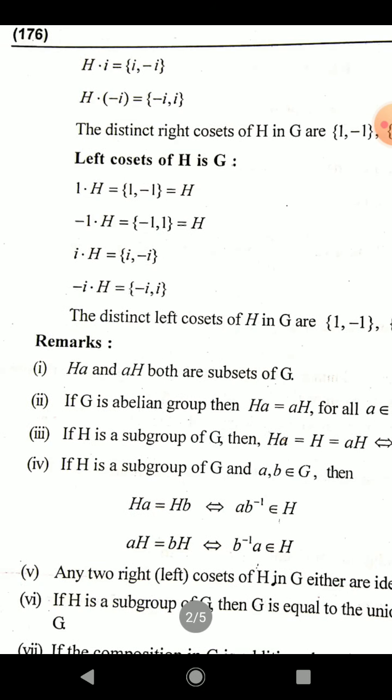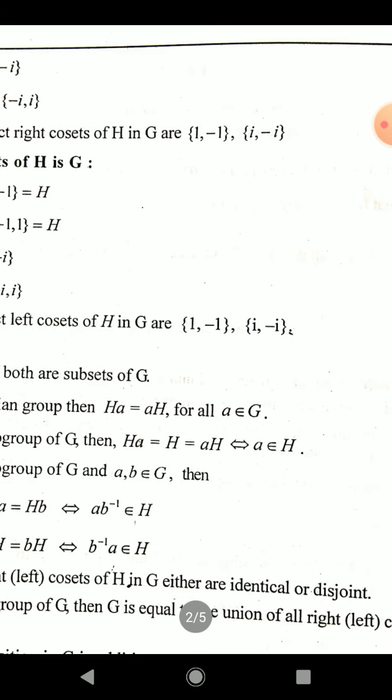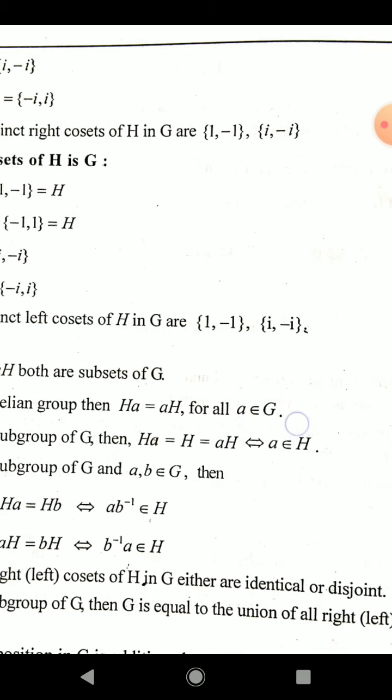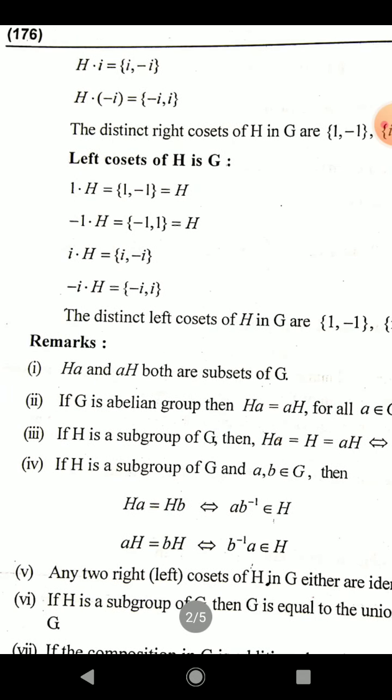And fifth is very important to prove Lagrange's theorem. Any two right cosets of H in G are either identical or disjoint. Try to understand the meaning of this sentence. If we consider any two right cosets, then they are equal or have no element in common.